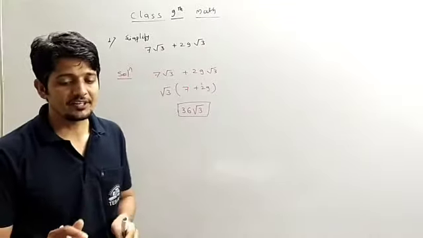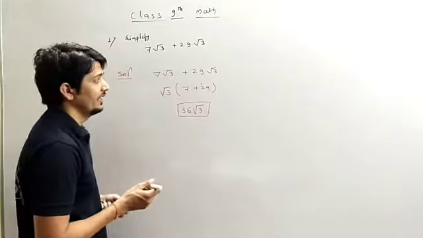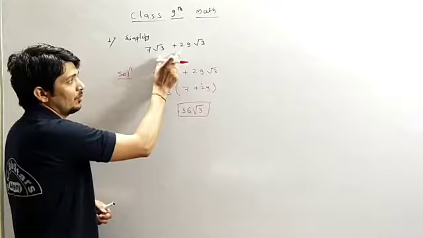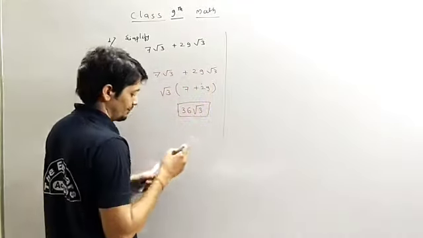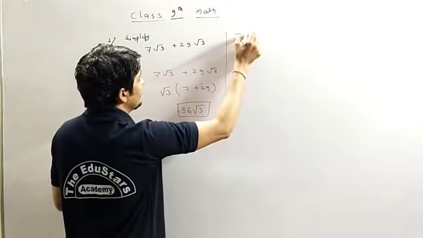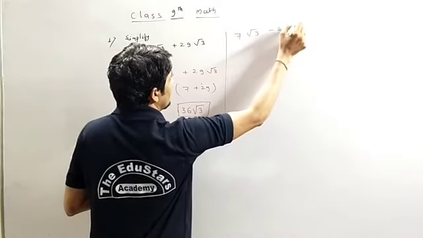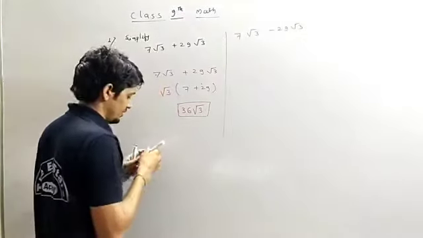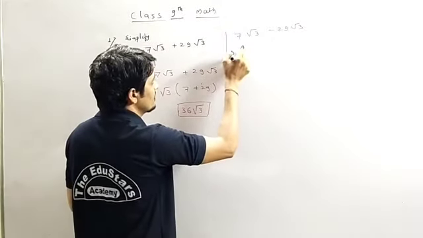Now next we have simplify 7 root 3. So same problem we have, but we have a negative sign. We have 7 root 3 minus 29 root 3. So we have to simplify these surds also.